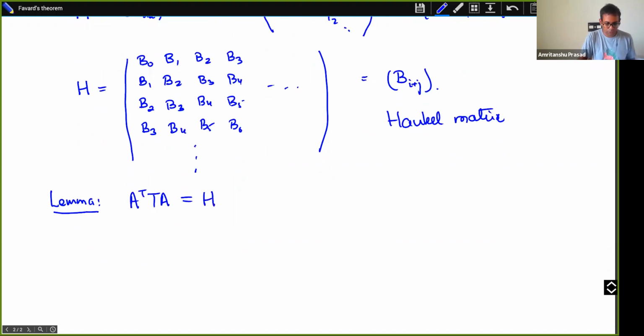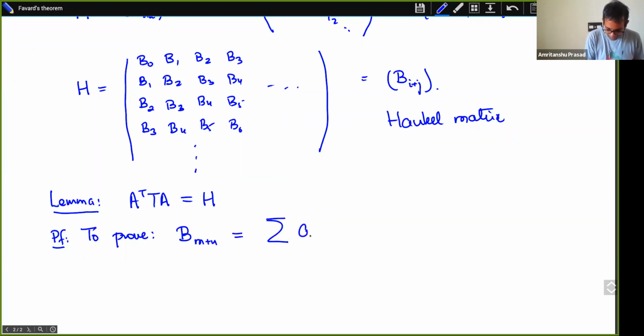What this says is that we need to prove the following. You take the m comma nth entry of this Hankel matrix, it's B_{m+n}. And this should be the summation over k of A_mk A_nk times T_k, for all n.